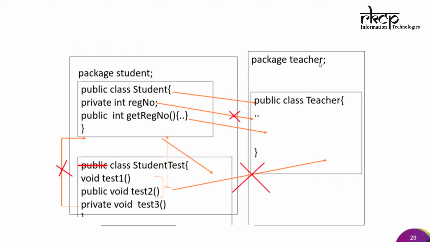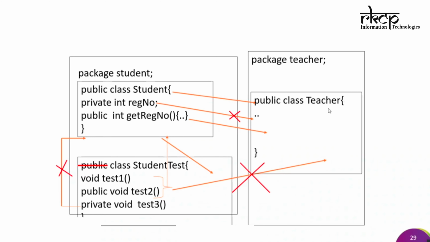If it is a default class, then you cannot access the StudentTest class outside of the package. Meaning inside the teacher package, if you want to access StudentTest, you will not be able to, because it has the default specifier. Default specifier classes can only be accessed within the package, not outside of the package. In the same way, if your class is public, then yes, you can access it outside of the package.